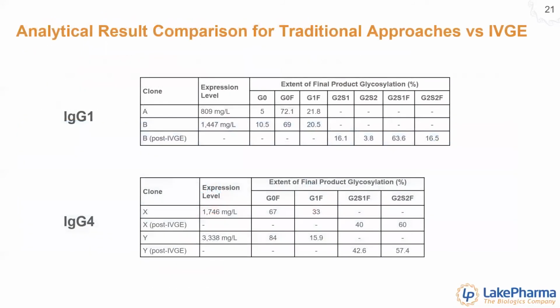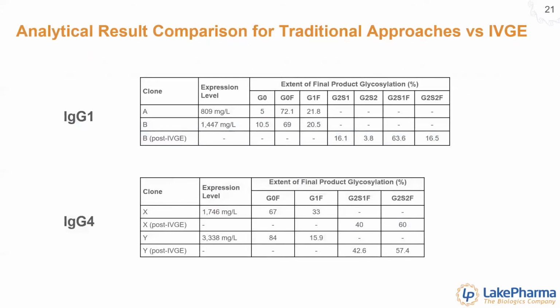On slide 21, we examine the clone A and B of IgG1 and clone X and Y of IgG4, either before and after IVGE, and look at the glycan profile. What we see is that there's virtually no sialic acid species with the product of clone A or clone B before IVGE.